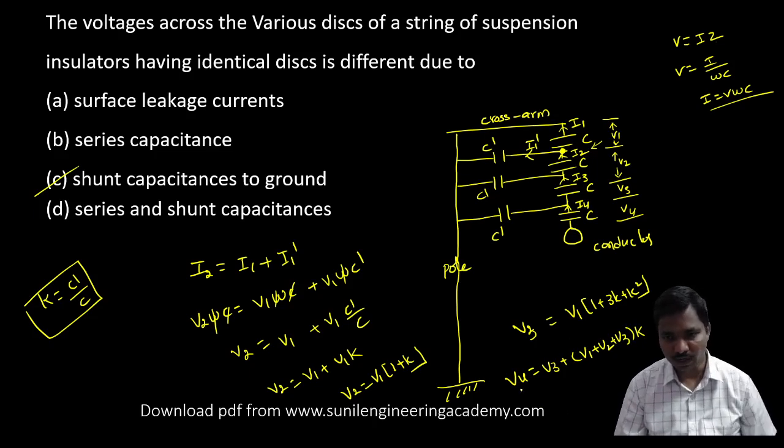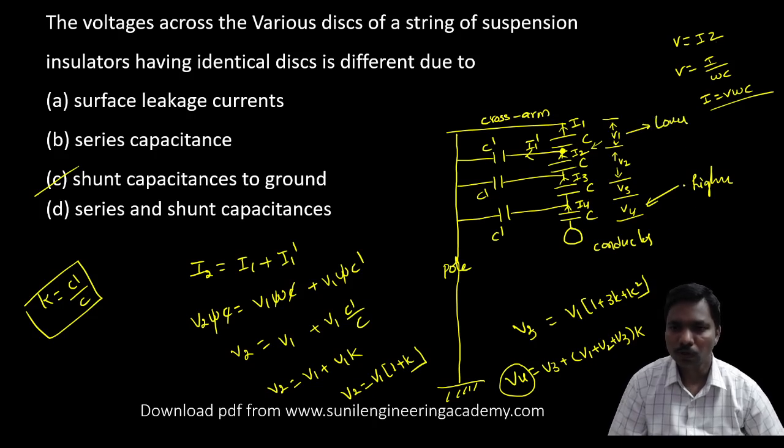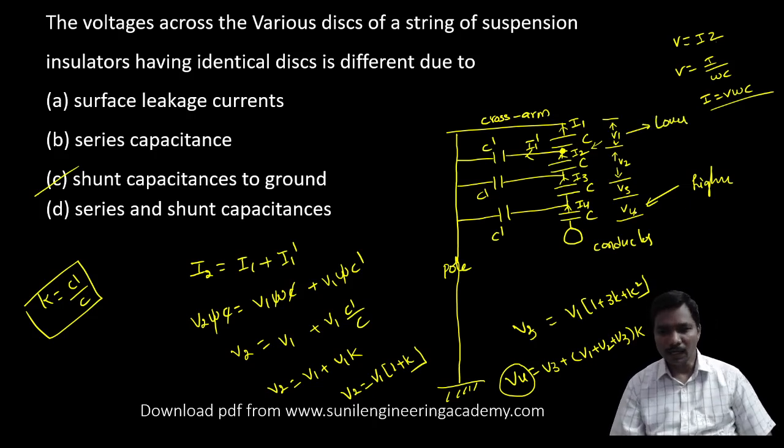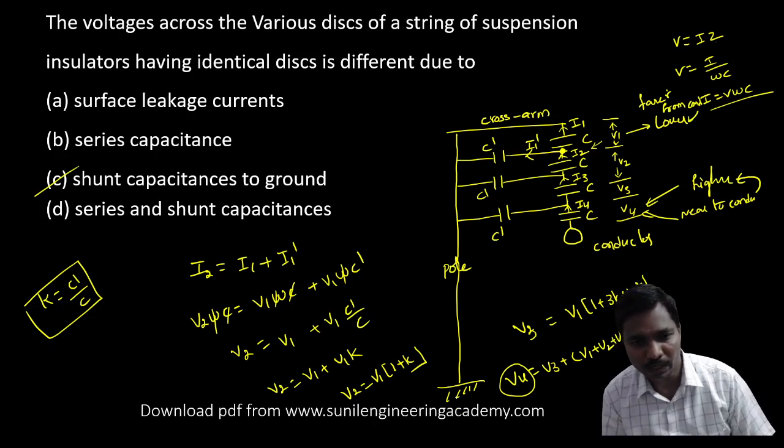From this, V4 is somewhat higher and this voltage is lower. So we get the idea that the voltage near the conductor is higher, and near the cross arm, farther from the conductor, it is lower. Those two points are very important.